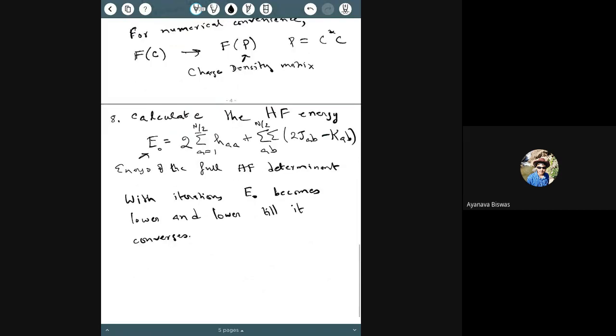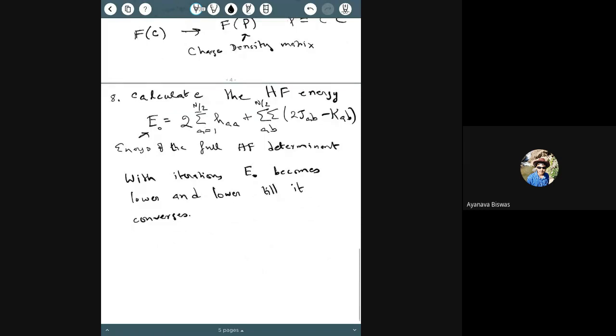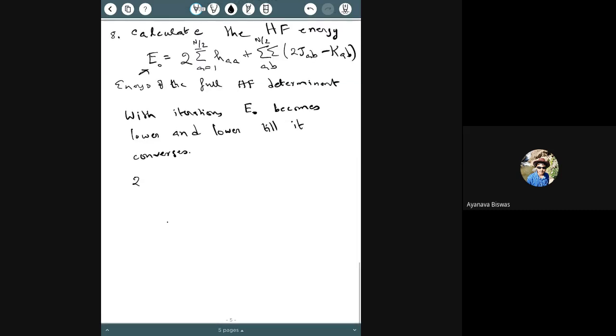So now notice that there are two alternatives. When you are judging convergence, there are many possible criteria.